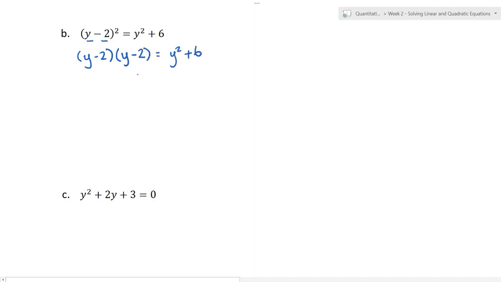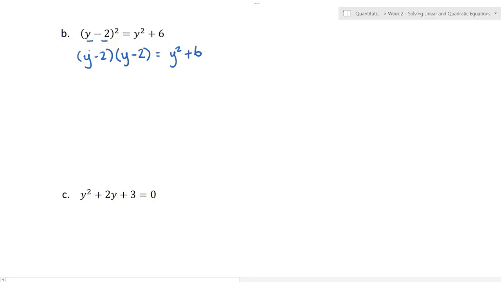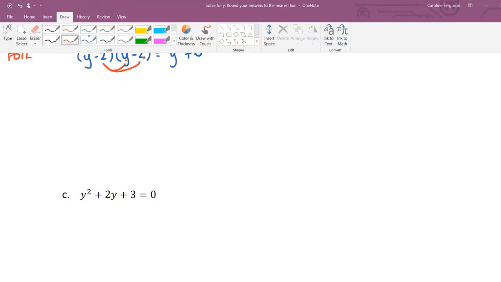Now we want to expand the left side, so we're going to do FOIL, which means we're multiplying the firsts, so the y times the y, then the outsides, y times negative 2, then the insides, and then the lasts. So that's called FOIL. Another way to think of it is you're just multiplying the first term by each of the 2 terms here, and then you're multiplying the second term by each of the 2 terms. That's all.